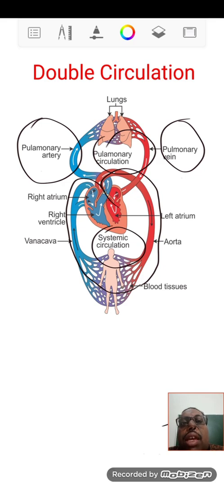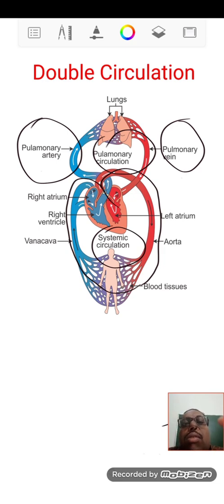Carbon dioxide will be given out and oxygen will be taken into the blood, and that will be taken from the lungs to the left part through pulmonary veins. Once it reaches the heart, the ventricles will fill and the heart will pump, and that will circulate all over the body.